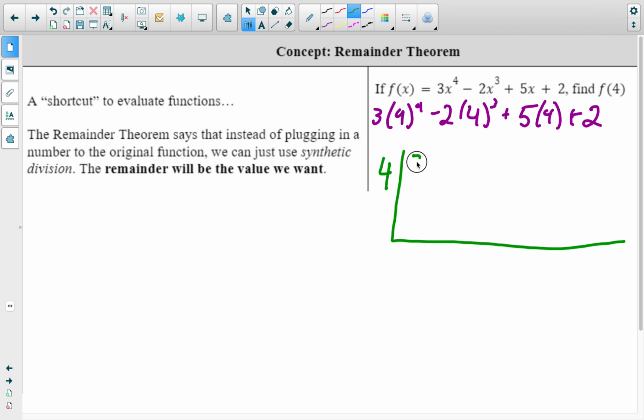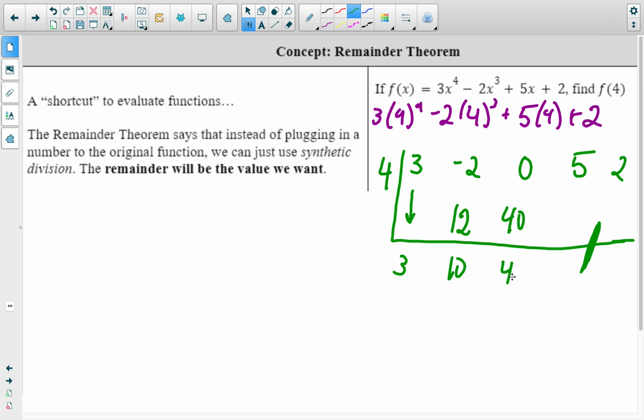So let's set it up. 3, -2, we need a placeholder 0, 5, and then 2. I'm going to write my little hash mark there to separate my remainder from everything else. Bring down your 3, multiply outside, add inside, right? Multiply outside, add inside. Multiply outside, add inside.